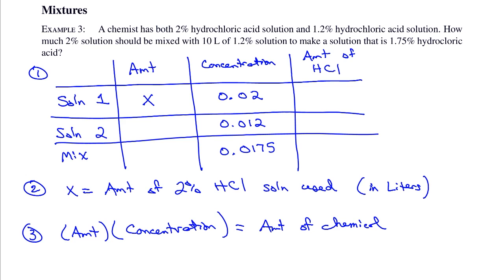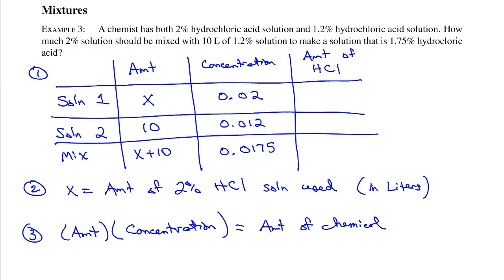We know how much 1.2% solution was used. That was 10 liters. So you're going to have a bottle of 2% solution, another bottle of 1.2% solution. You're going to take some and mix it into a bigger bottle, and together you're going to have X plus 10 liters of the mixture.